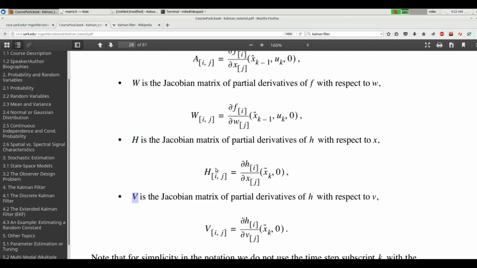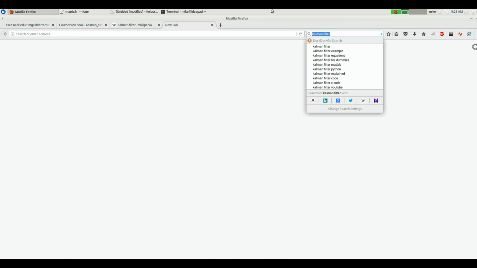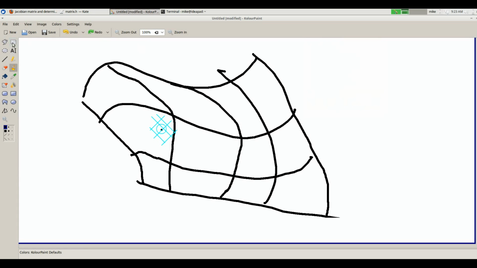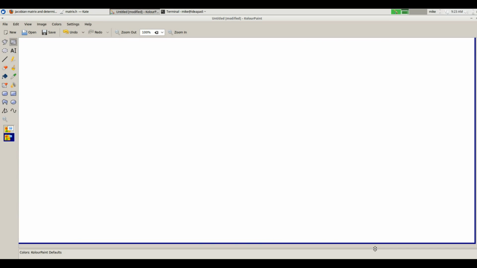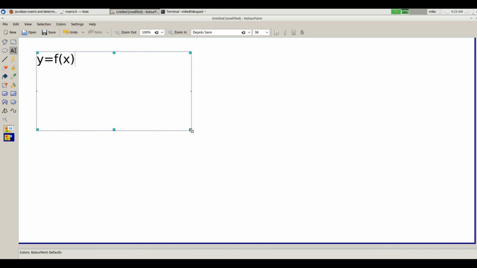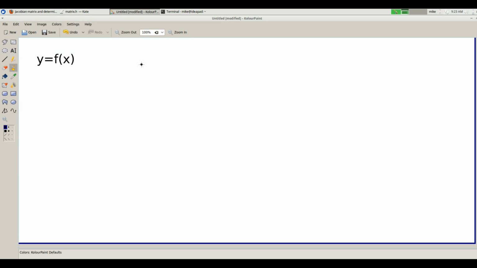I need to define Jacobian matrix. I'll give you my definition first while Wikipedia is trying to find one. If you have some function, y equals f of x, and assume y is a vector and x is a vector, right?